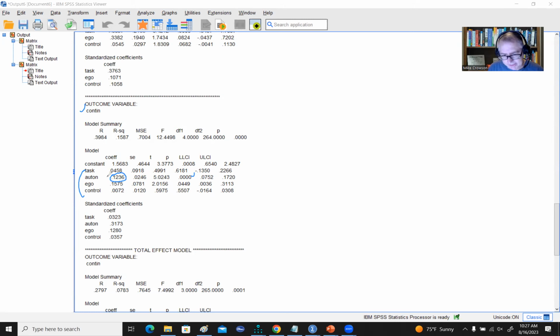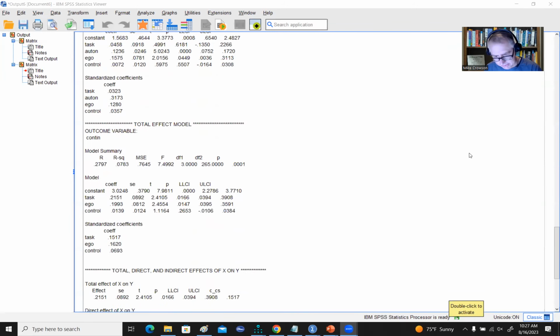Also, we see that the control variable ego orientation has a positive and significant relationship to intention to continue as well. So those are the only 2 significant effects within this model. There's our R-square value right there. There's our F-test, and these variables are accounting for significant variation in intention to continue.